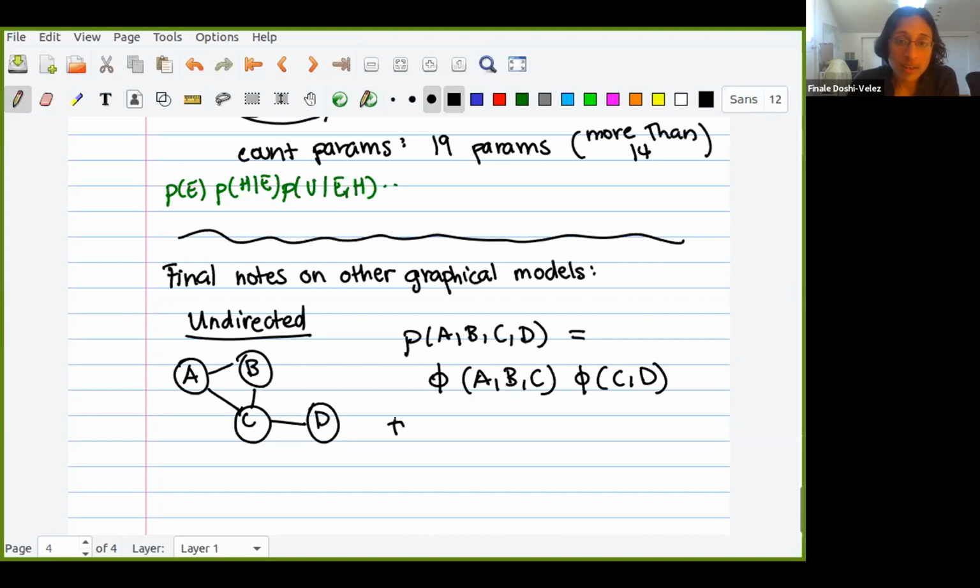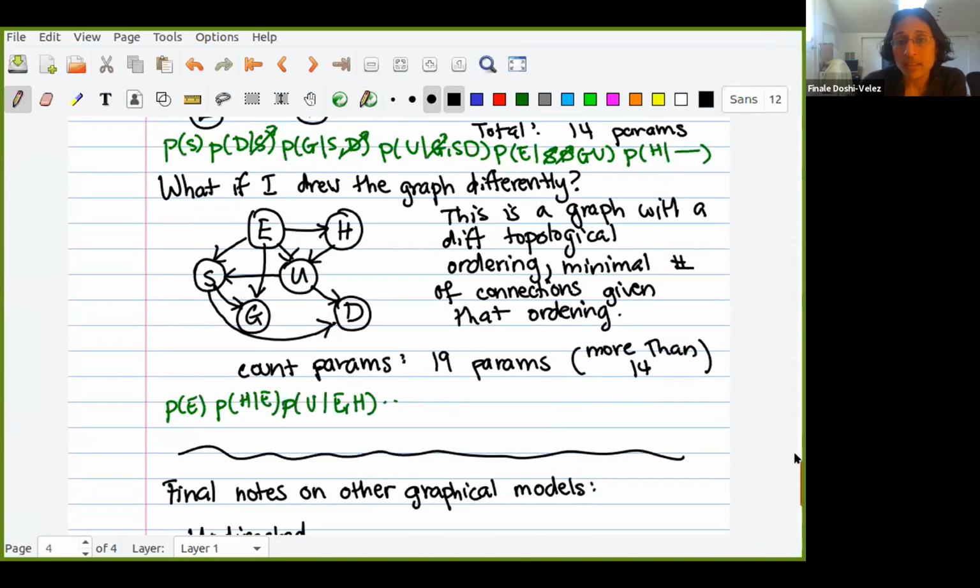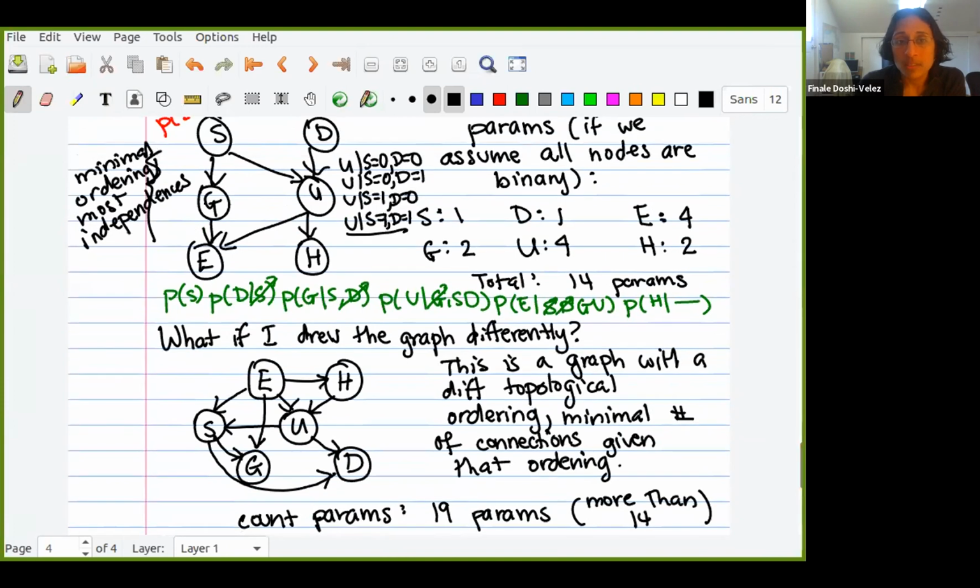And the tricky part here is, how do you normalize? This is written down as potential functions, but we have to somehow make sure that all the probabilities end up summing to 1. With the Bayes nets, this was easy because each of these arrows were conditional distributions given their parents.